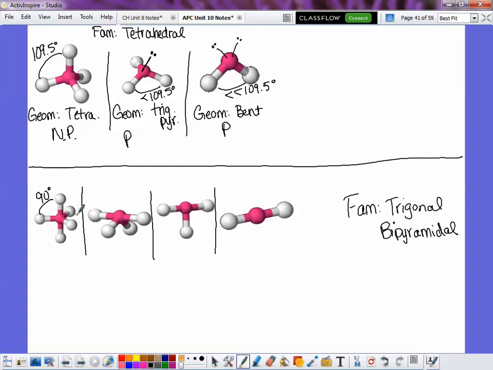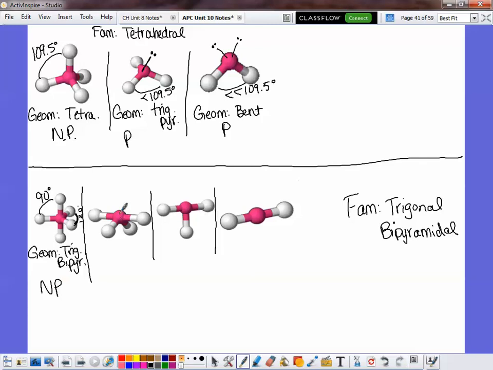And then here is 120. Kind of hard to see that. But so that's why we have 2 bond angles going on. And the geometry here is trigonal bipyramidal. And this is going to be typically nonpolar.